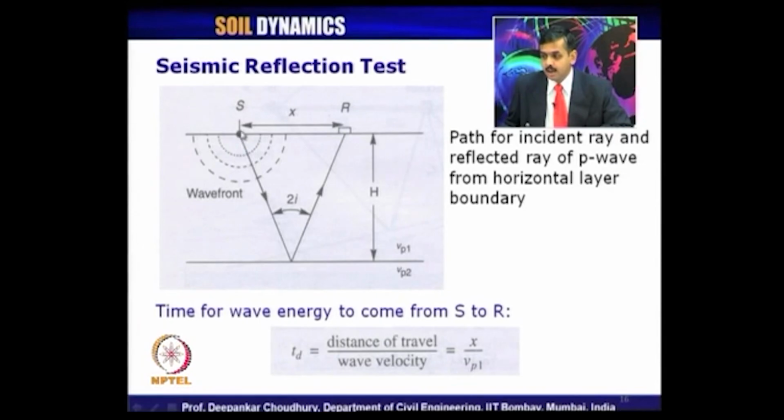Then obviously, some of the waves which are travelling will get reflected back in the first media and some of them will get transmitted into the second media. I is the angle of incidence with respect to vertical, so the angle between them is 2I. It shows the path for the incident ray and reflected ray of the P wave from the horizontal layer boundary, and how much time is required for the wave energy to travel from point S to R.